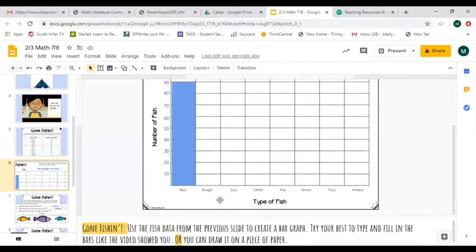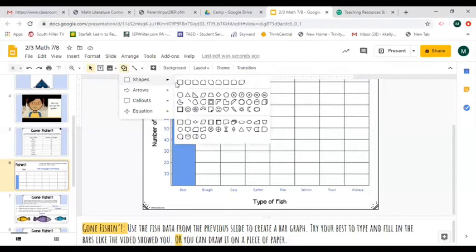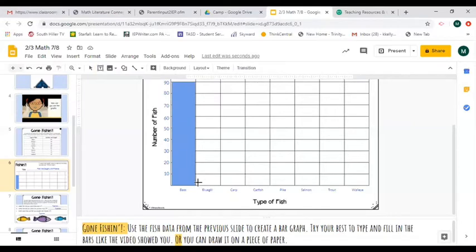The next fish we'll look at is bluegill. So that's our type of fish, and we caught 45 of those. So I'll create a rectangle, and it'll go right in between the 40 and 50 because we haven't reached 50 yet, but we're more than 40. So halfway between would be 45. It looks about halfway to me.